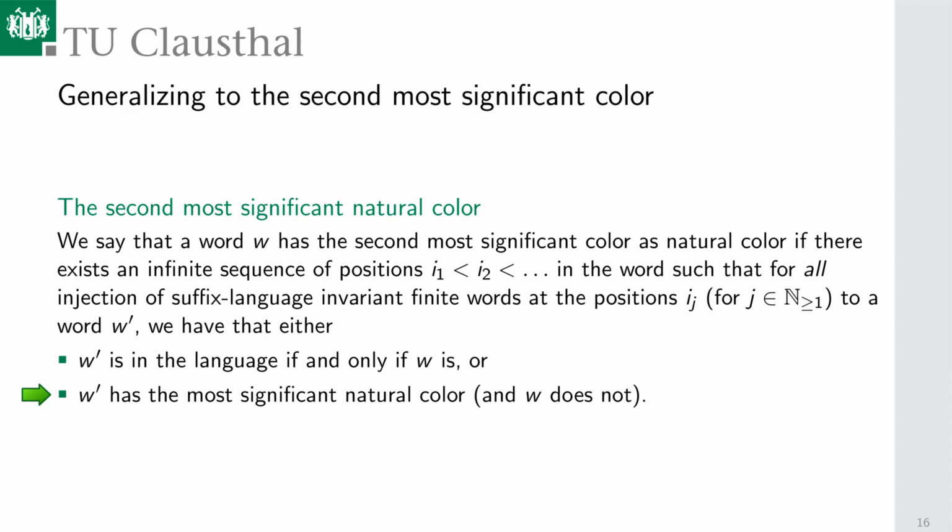The suffix "and W does not" is there because otherwise the words with the most significant color as natural color would also have the second most significant color as natural color, which makes very little sense.